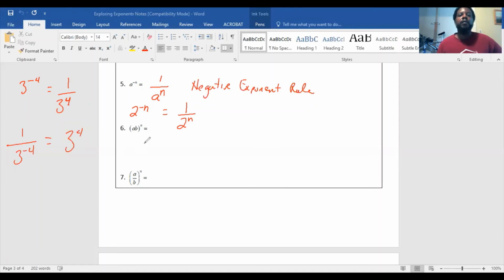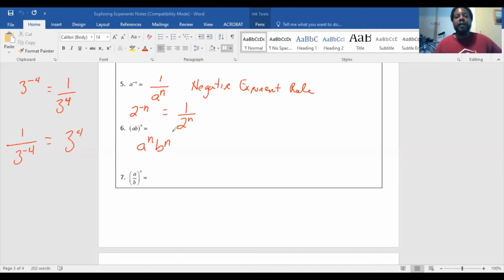All right. Rule number 6 tells us that if I have a times b, any two numbers we multiply together and then they're both raised to the same exponent, I can rewrite it as a to the n times b to the n, meaning that I can just apply the exponent to each number separately, because that's just how multiplication works in general.